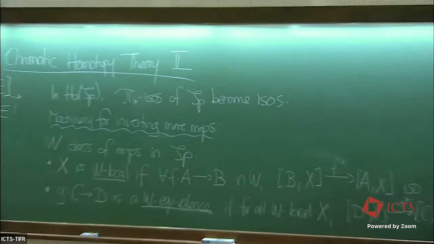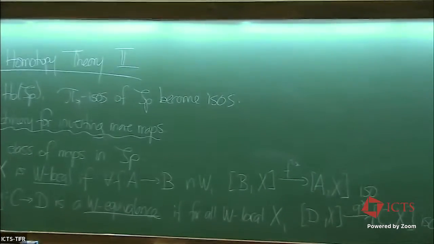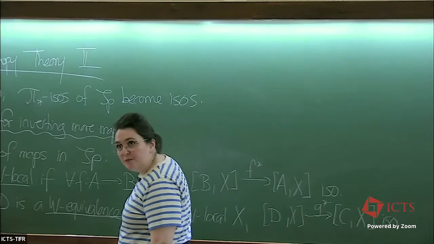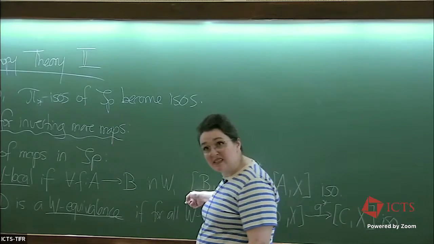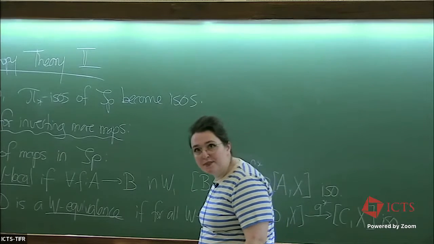Okay, so you can see you start with a class of maps. From that class of maps, you define yourself some objects. And from these objects, you define yourself more maps.